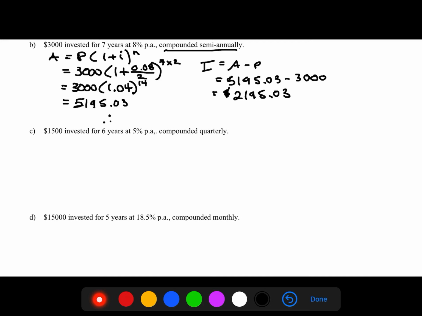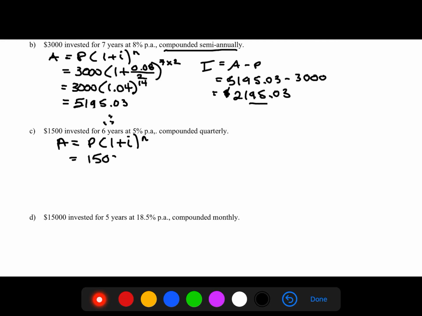And again, notice that that is greater than our $2,141.47 that we earned in the last step, a little over $54 or 53 and change extra interest from compounded annually. So you can see that compounding twice a year gives more, because you're earning interest on that interest that was earned after the half year, in the second half year, and so forth.